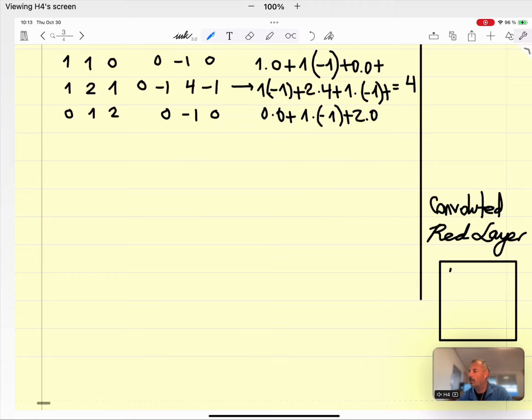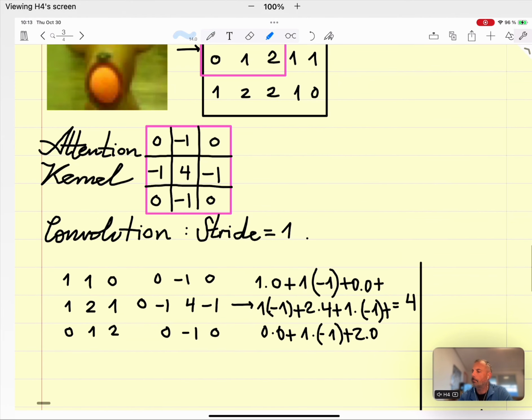The first element is going to be 4. This goes here. Does it make sense? This is not a 0, it's a convolution, just like when we did the convolution here.